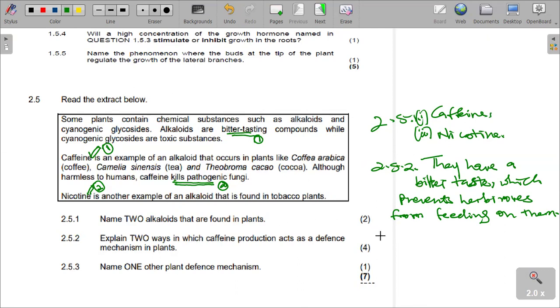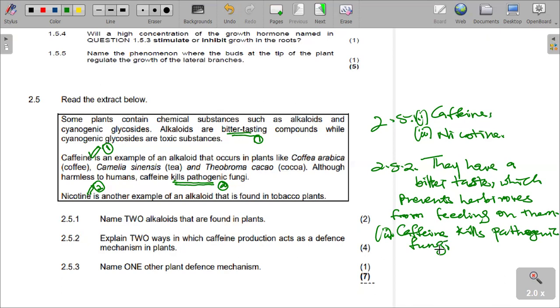Caffeine is number 2. Caffeine kills pathogenic fungi. That is quite correct.